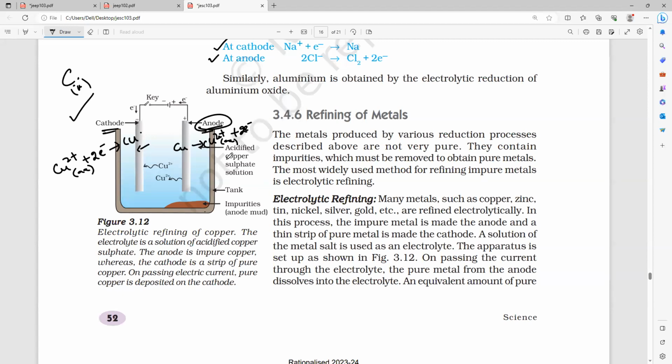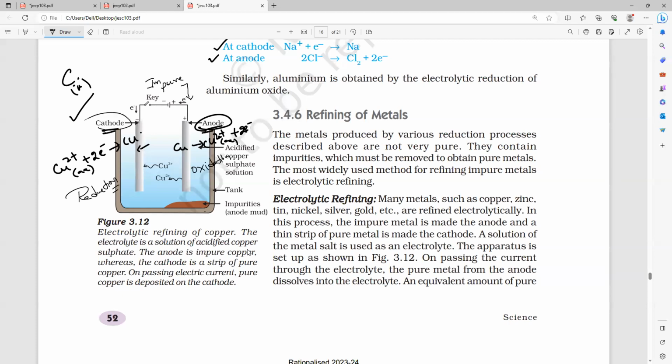Removal of electrons is oxidation. Oxidation takes place at the anode and the reduction process takes place at the cathode. That is electrolytic refining. And you have to draw this diagram very perfectly. Always keep in mind, impure metal we take as the anode.